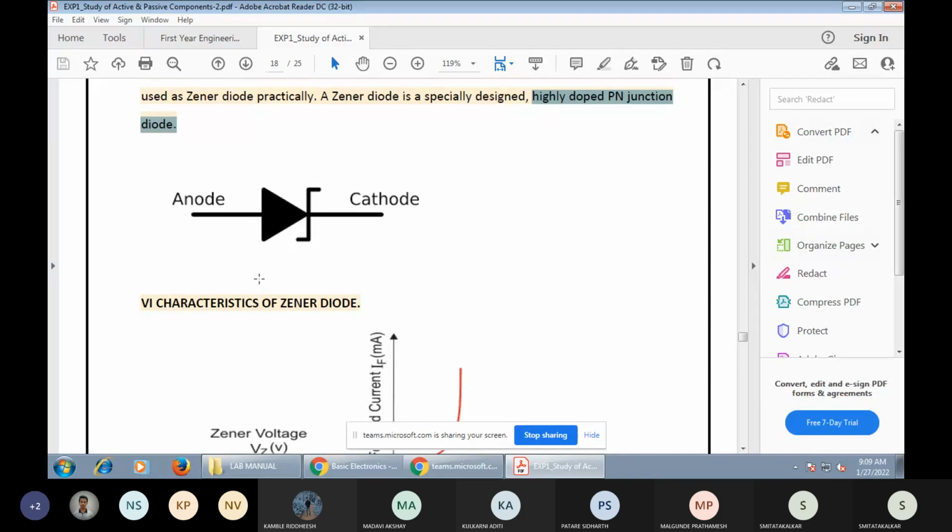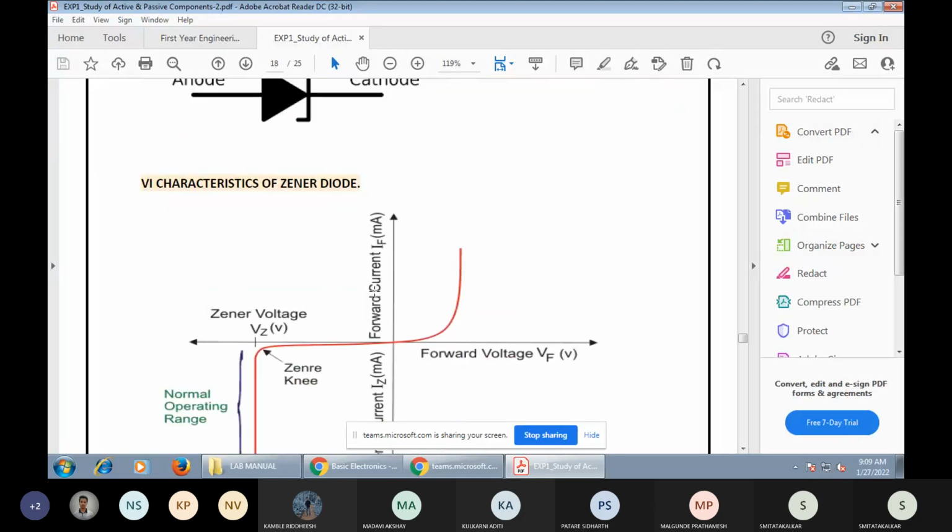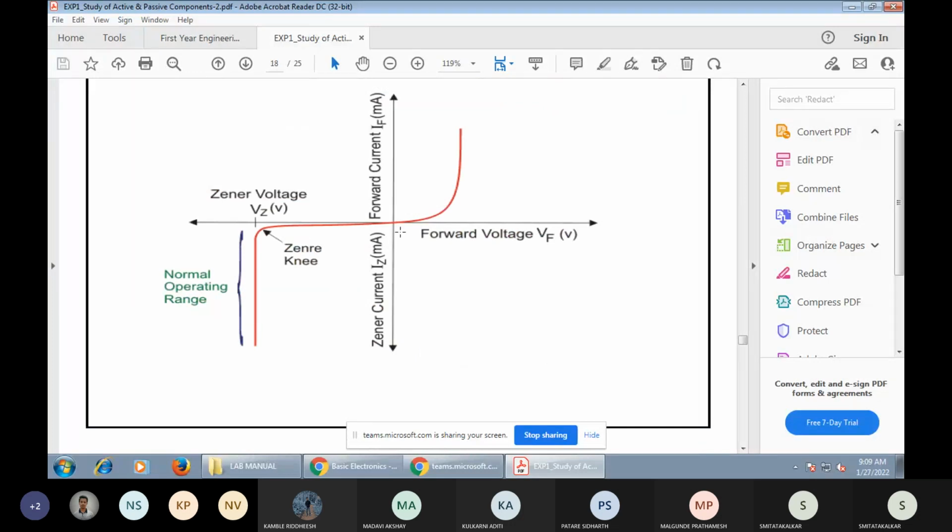In the formation of the junction, maximum electrons move through to the p region and create a negative charge. That's why it is a heavily doped PN junction diode in reverse bias.